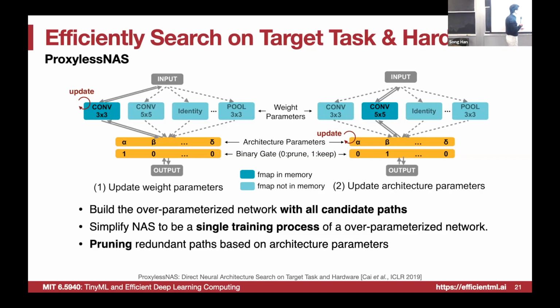And in the next iteration, we update the architecture parameters, the alpha, beta probabilities. And finally, at inference time, we can choose the largest probability and prune those redundant paths based on those architecture parameters.